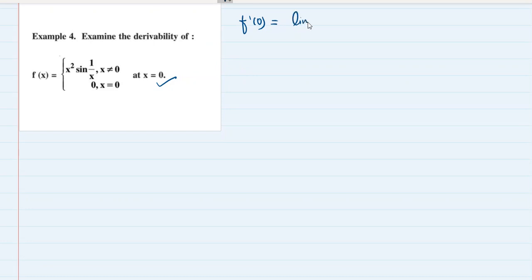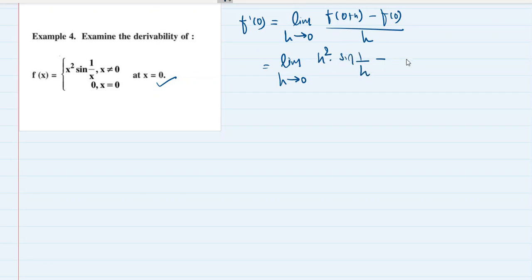It is equal to limit when h tends to 0 of f of 0 plus h minus f of 0 upon h, which is equal to limit h tends to 0 of, see, we have 0 plus h, that is f of h, so in the place of x we'll put h, so it will become h square multiplied by sine of 1 by h minus f of 0, which is nothing but 0, upon h, right?